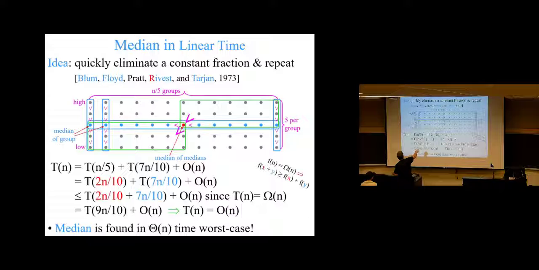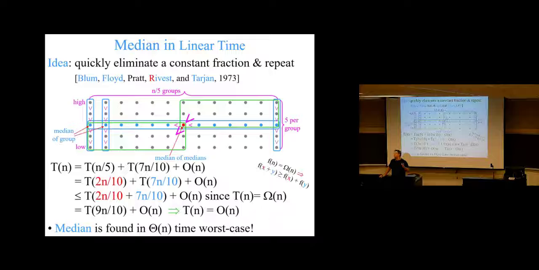These guys are unrelated to the red dot. Some of them here could be larger than the red, some of them here could be smaller than the red. How many can see that? Outside the green boxes, we don't know which is which, and instead of worrying about it, we partition everything from scratch around the red dot, and then recurse, using that as the pivot, and then you're okay.